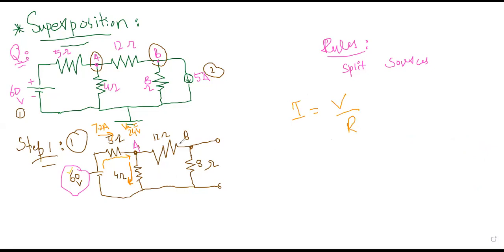What will be the value of V? Now here at the node, the value we calculated is 24. And what about the value of resistance? That is 4 here. So 24 upon 4. So the value must be 6 ampere.